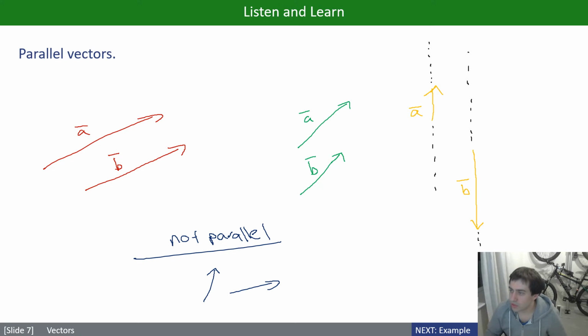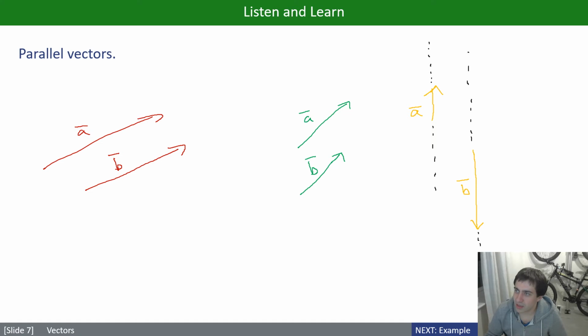Okay, so that's geometrically what it means for them to be parallel, but then you want to be able to define this mathematically as well. There's a standard way of doing this, and that's as follows. If you have the vector A and the vector B and they're parallel, that's the same thing as saying, so this means equivalent, to the following mathematical statement.